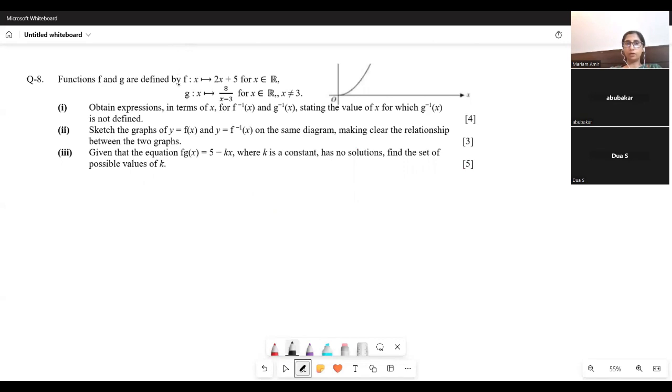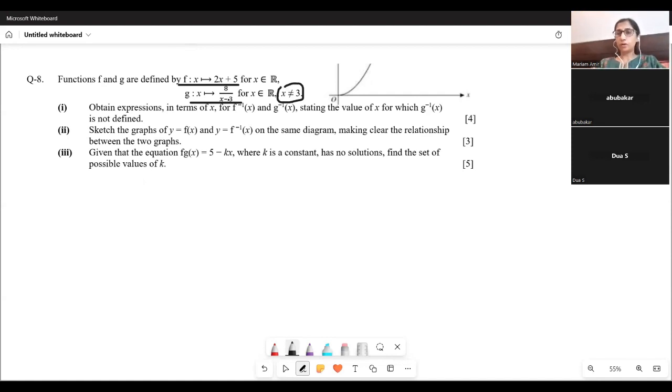The domain of f(x) is all real values, all values on the number line. Same for g(x), but x cannot be 3. Why not? Because if x is 3, the denominator becomes 0 and you cannot divide anything by 0. That gives a math error. Anyway, that was part of the question, I just explained it to you.